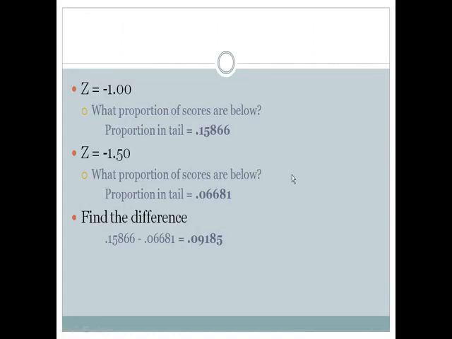Okay, now in the unit normal table in the back of the book we can puzzle out a few pieces of information. For example, what proportion of scores are below the value of -1? What proportion of scores are below the z-score value of -1.5?